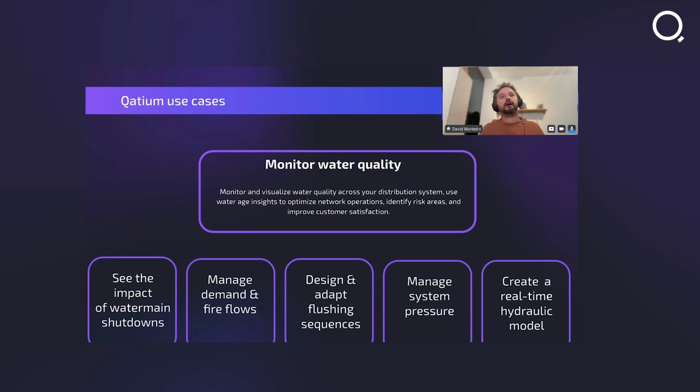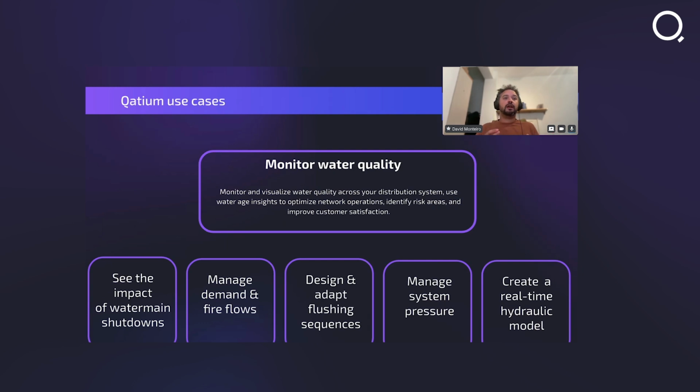We're going to talk mainly about water age. I have a cool demo to show you. What we're going to be able to see is to really understand where the water is stagnating in my network. Where do I need to actually perform some flushing operations, for example?